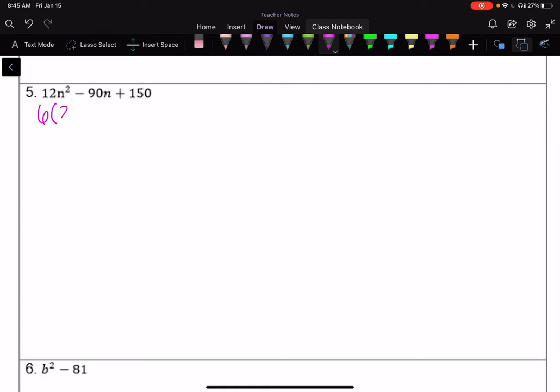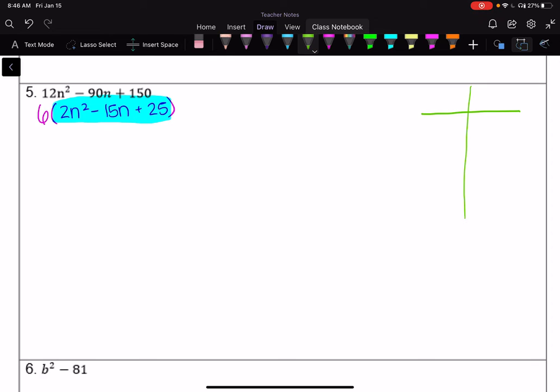That leaves me with 2n squared minus 15n plus 25. Now I'm going to make my a times c table with just my trinomial that is simplified. I will leave my GCF on the outside and use what's on the inside of my parentheses to find my factor pairs.